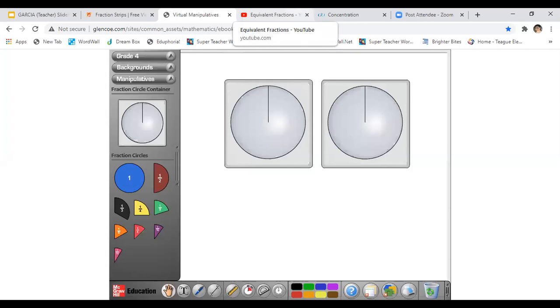Why do we even have to figure out equivalent fractions? Well, fractions show us the portion of a whole that you have or that you want. Fractions are used in baking when you're making food and cooking.